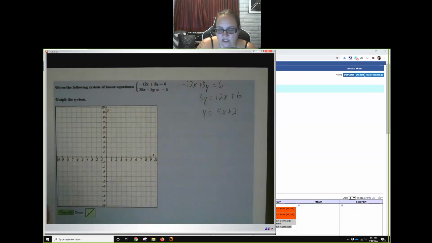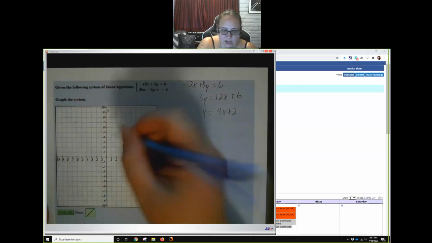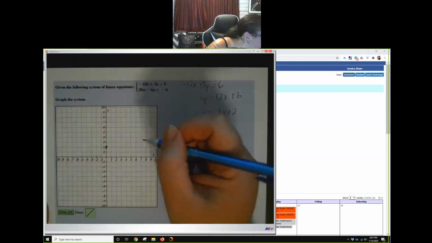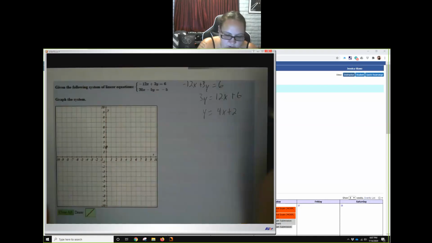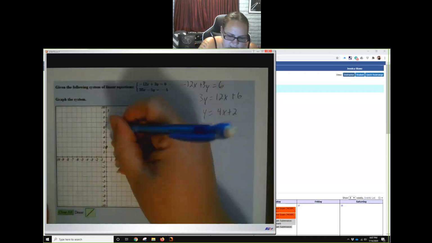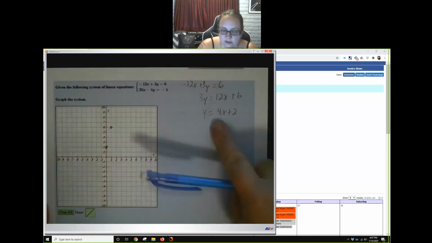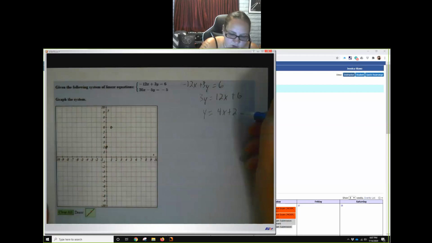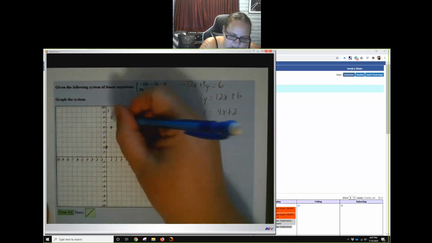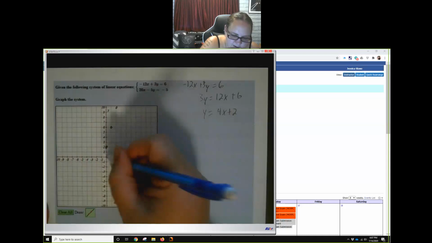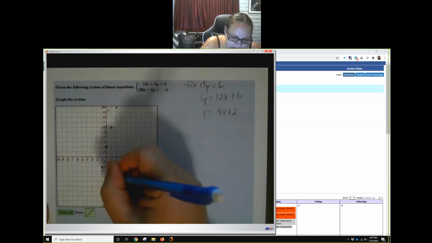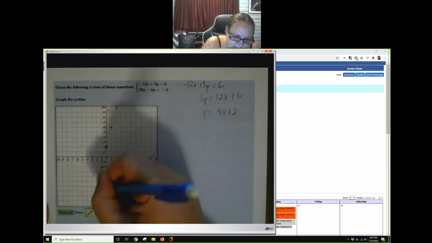So my first equation is y equals 4x plus 2. To graph that, I start at 2 on the y. Then I go up 4 over 1. My slope is 4. Y-intercept of 2, slope of 4. Up 4 over 1. You could also go down 4, back 1. And then there's your line.